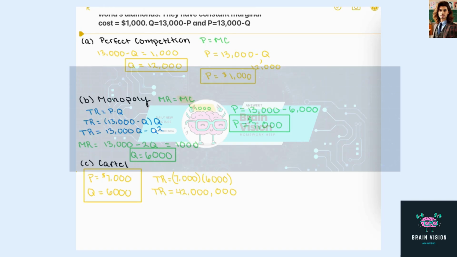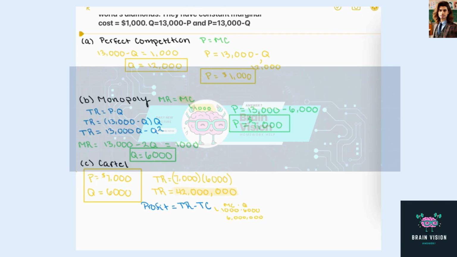And what we know of profits is that profit is equal to total revenue minus total cost. So we just found our total revenue, which is 42 million, and total cost we can calculate as 1,000, which is our marginal cost, times Q. And Q in this case we said is 6,000.